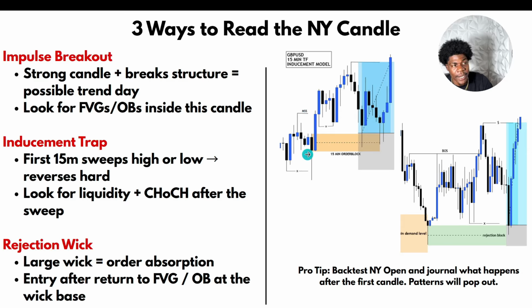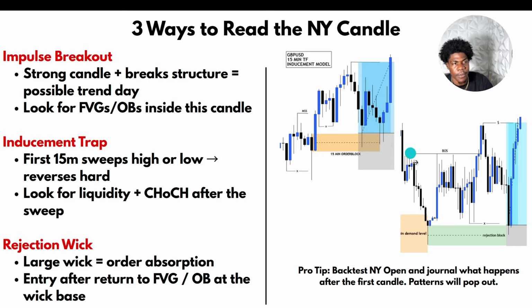After this impulse breakout, price leaves inside of this candle an order block or a fair value gap. As you can see right here, price pulls back and clears this inducement trap, mitigates this 15-minute order block, and then extends higher to distribute.